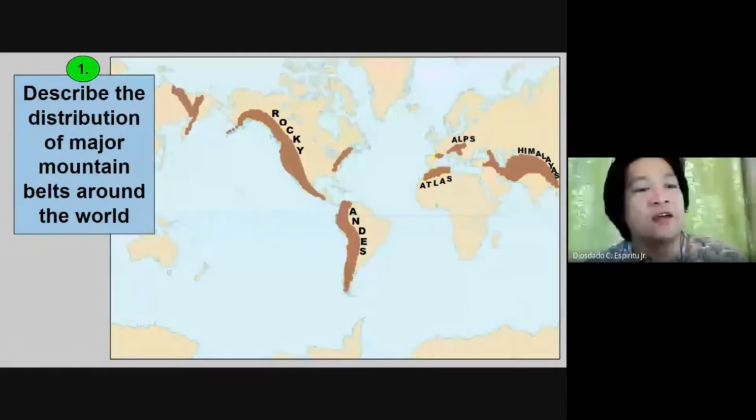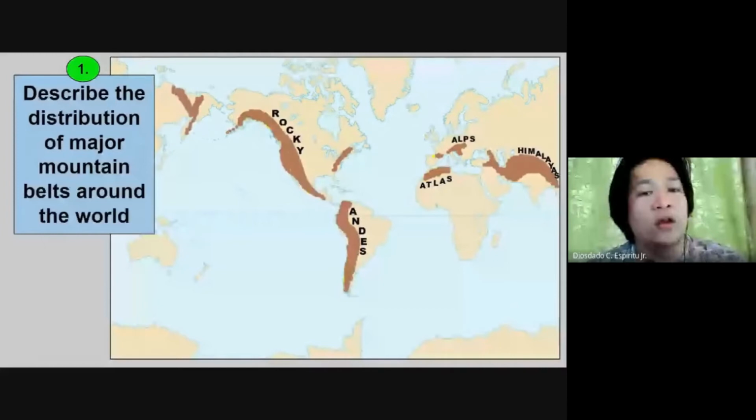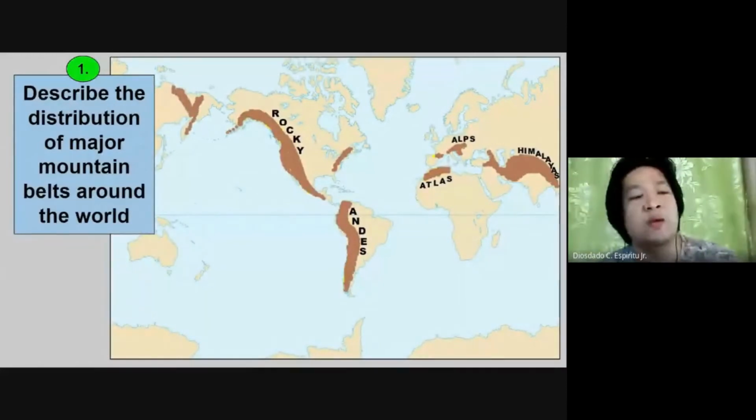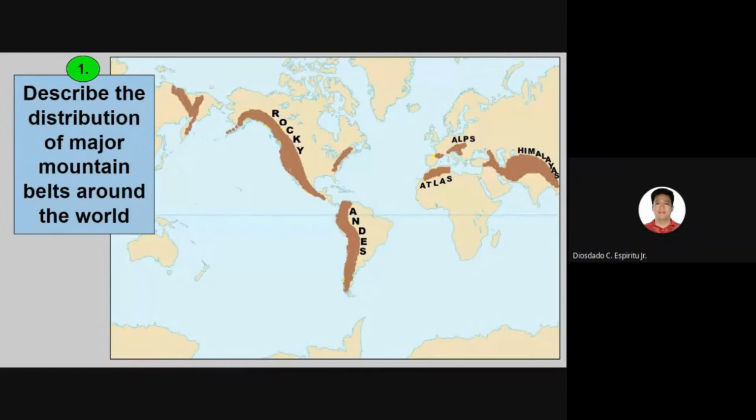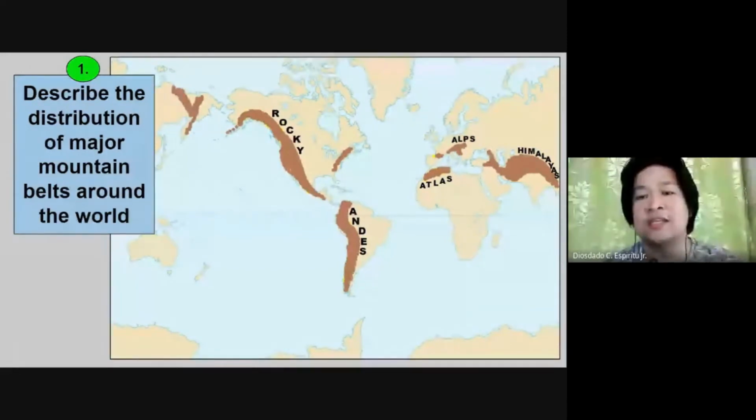What we are doing now in our first discussion, about our objective number 1, is to identify what gives the scientists an idea in dividing the surface of the Earth, what we call the lithosphere, into several plates.